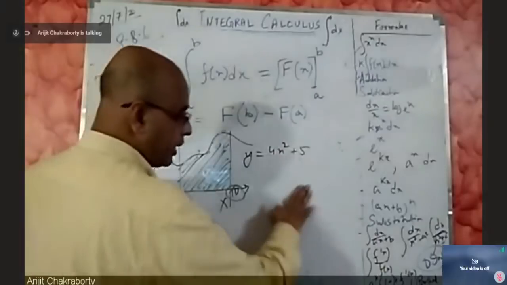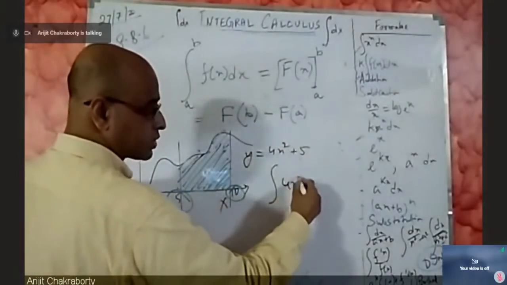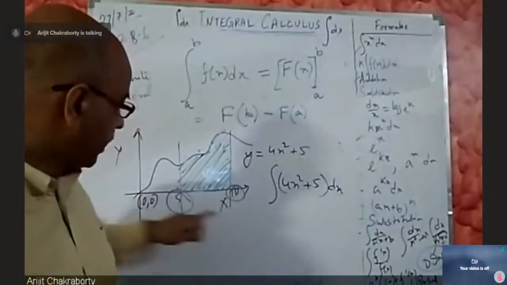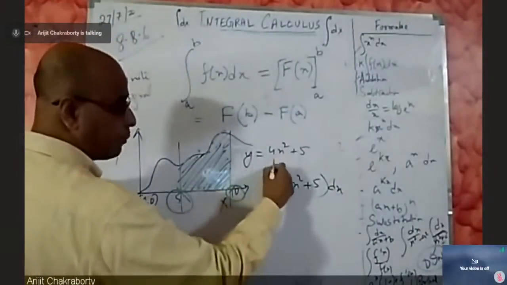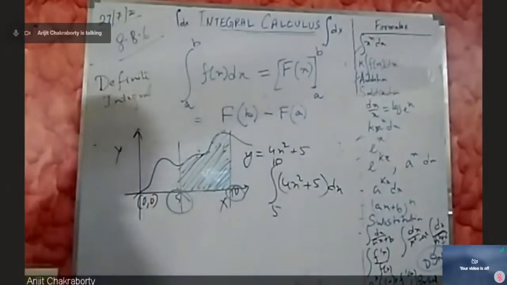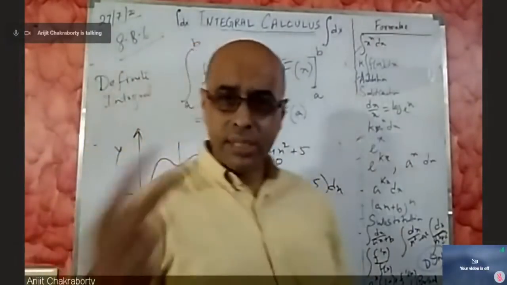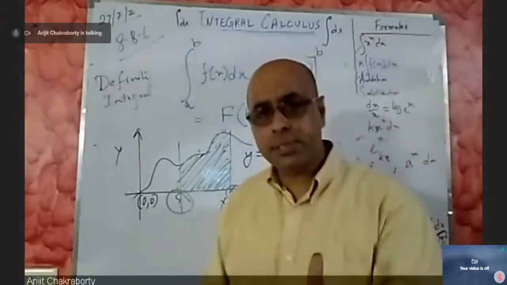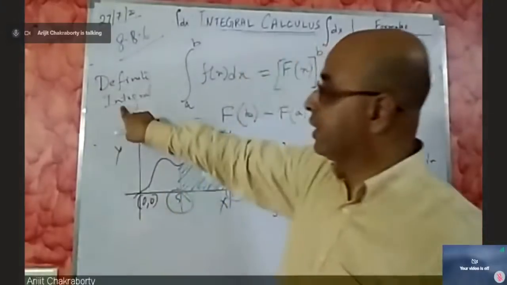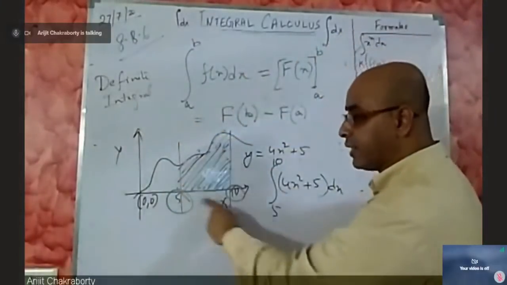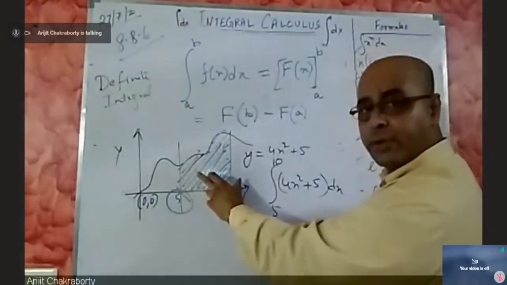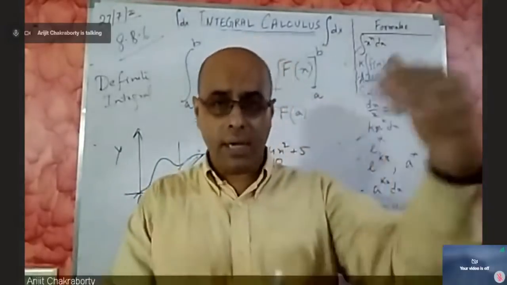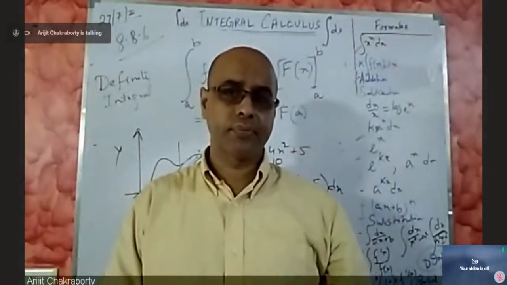What we are actually doing is integrating 4x square plus 5 dx, but please note the lower limit is 5 and the upper limit is 10, because we are given these two limits. This is how definite integral is used to find out the area of a particular shaded region, in this case the area between the curve and the x-axis.